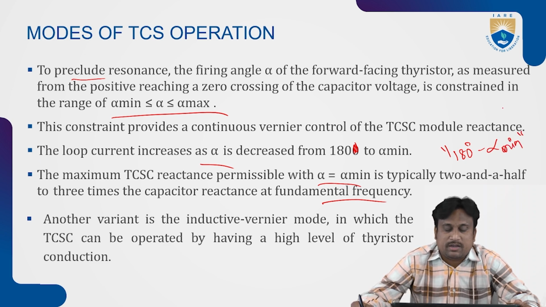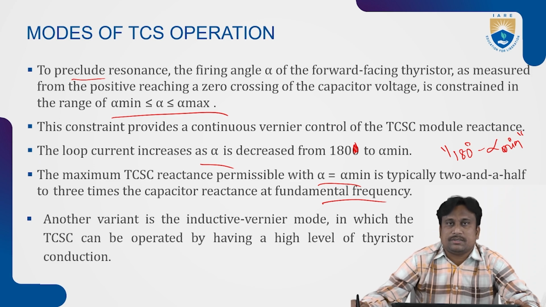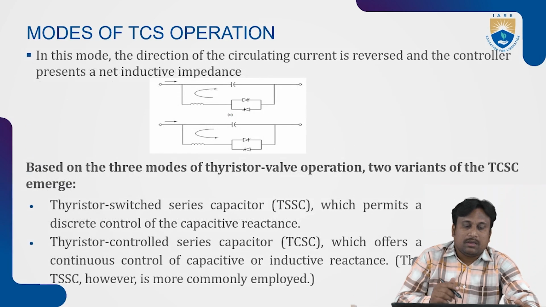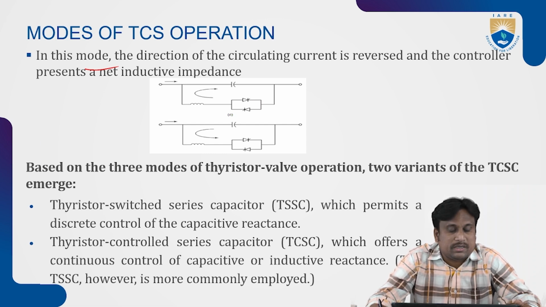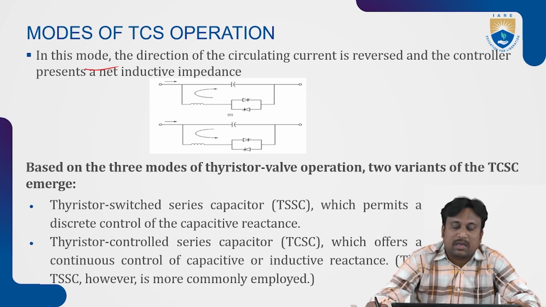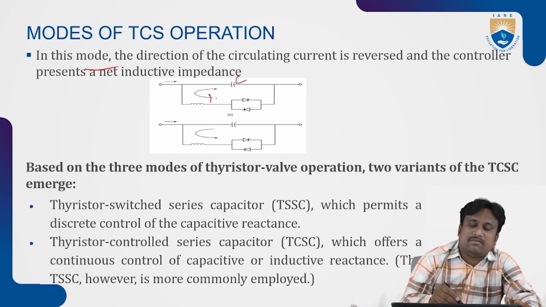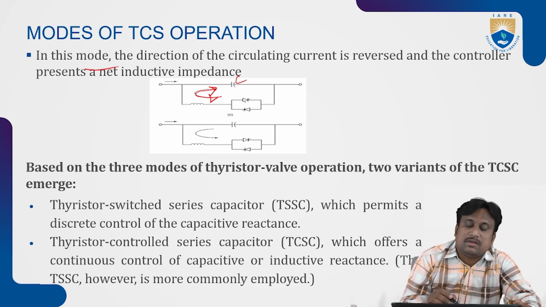So another variant is the inductive Vernier mode, in which the TCSC can be operated with a high level of thyristor conduction. So in this mode the direction of circulating current is reversed and the controller presents a net inductive impedance, as C is in parallel with L and the flow of current will take place inside this region with the anti-parallel connection of thyristors T1 and T2.